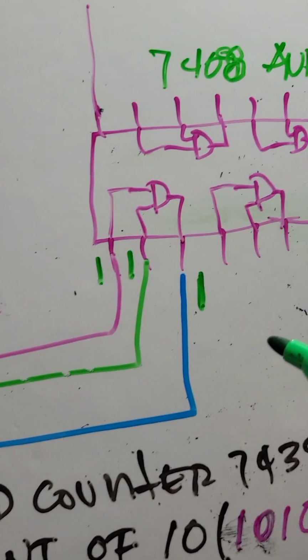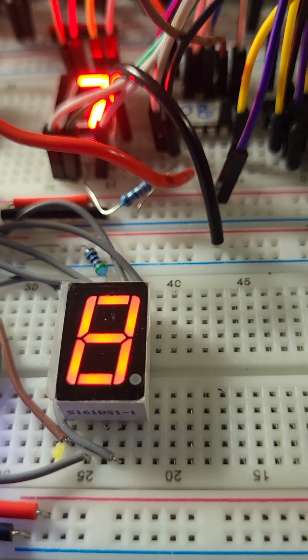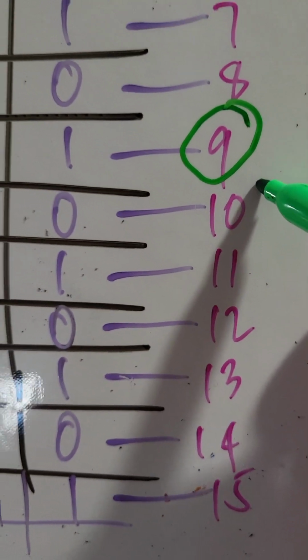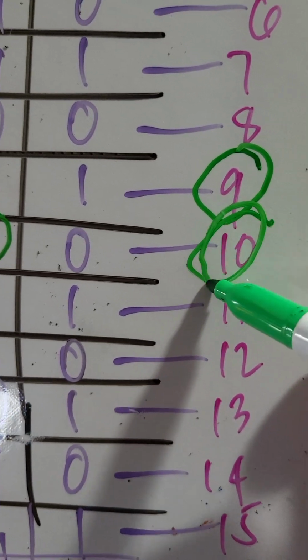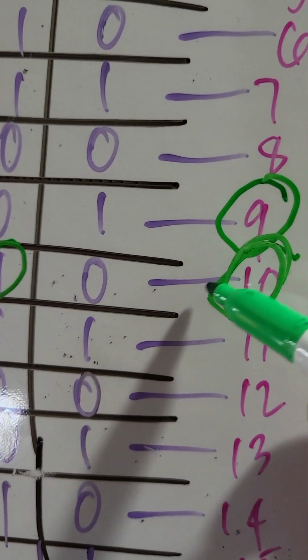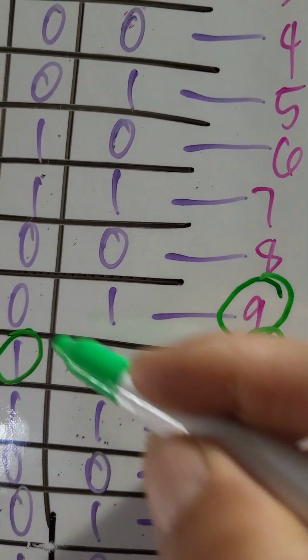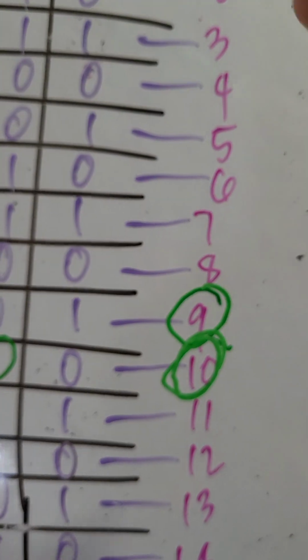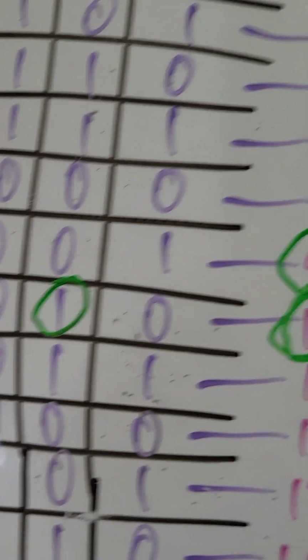But since we limit it to 9, we have to have a reset at the count of 10. When the counter counts 10, it will go back to 0. Okay, it will go back to 0 and count again to 9, then back to 0, 9 to 0.